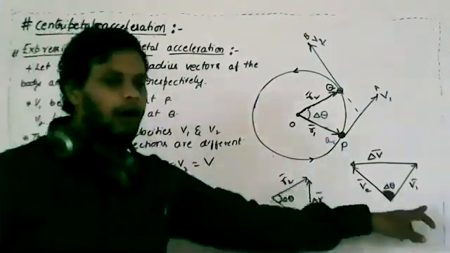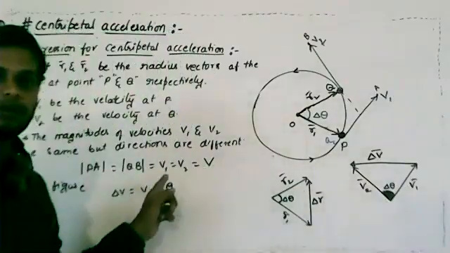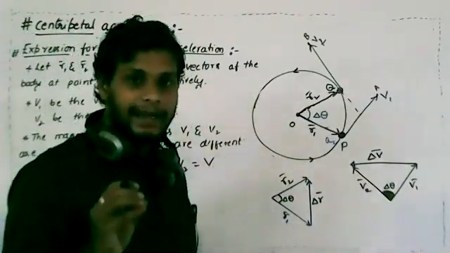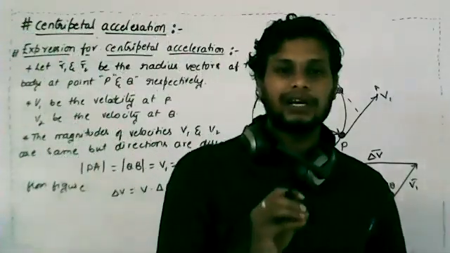Here v1 equals v2 equals v. Why? Because it is a uniform circular motion.